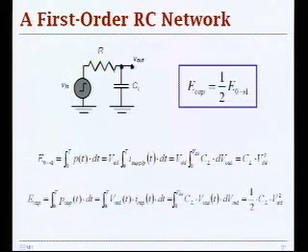So it will be interesting to calculate the total energy that this source delivers to this network. You can integrate power over a period of time, and this T is long enough such that all transients have settled.